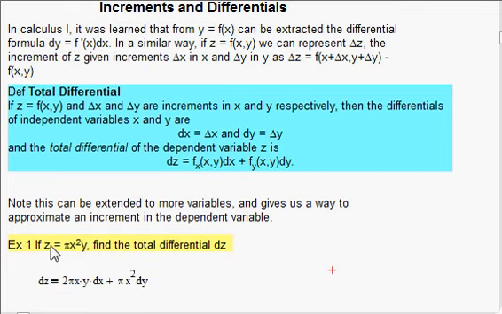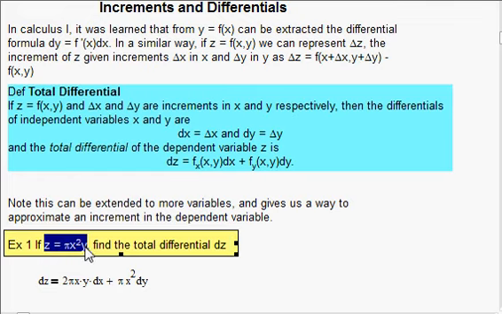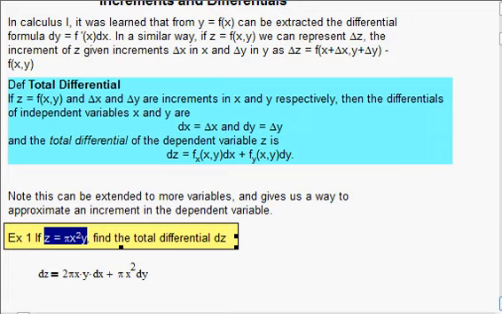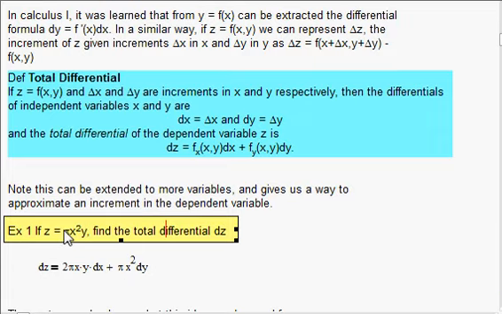For example, if z equals pi x squared y, find the total differential dz. And we'll use this in another example shortly. By the way, z equals pi x squared y is the formula for the volume of a cylinder. You could translate that into a can if you wanted.